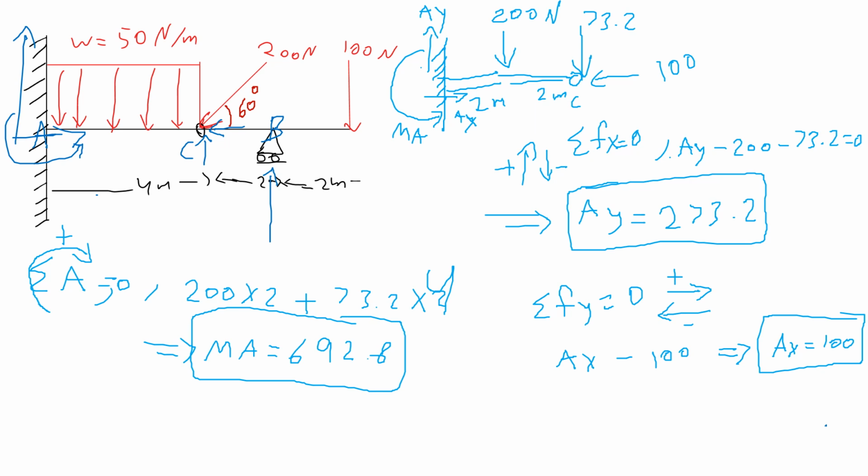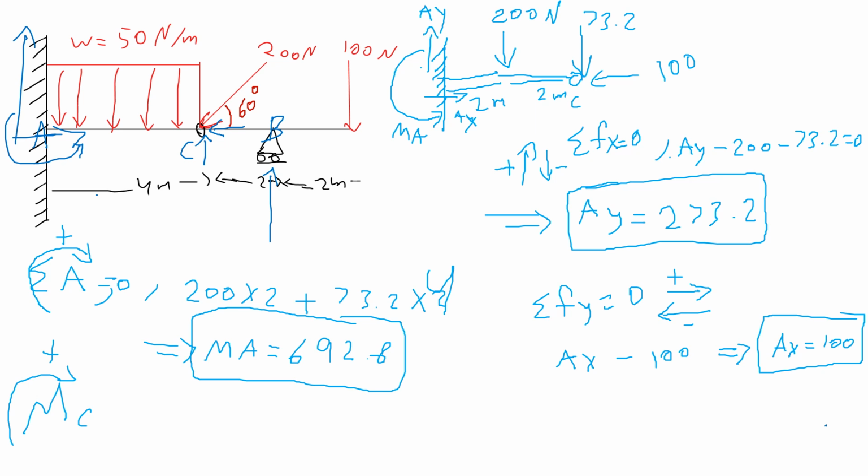I don't know if I assumed it with the clockwise positive, then my drawing would be incorrect because I must go the other way. But let me go and see from the C moment. Take the moment from the C with the clockwise from point C, clockwise positive.